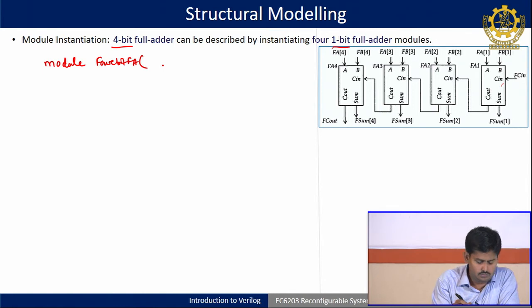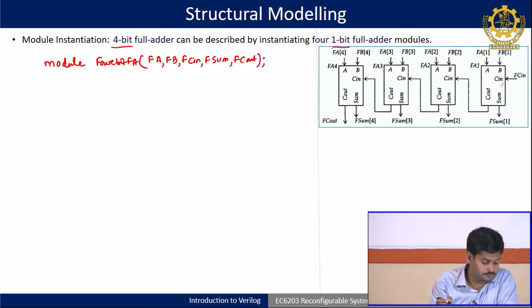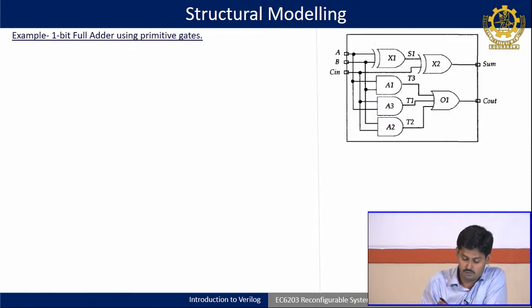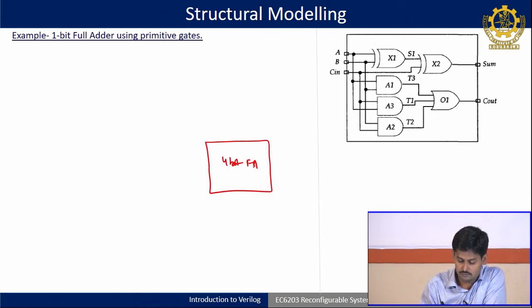Now I am writing FA comma FB comma FCin comma FSum comma FCout semicolon end. Are you getting it? This is your full adder. Just for description, assume this is my 4-bit full adder.